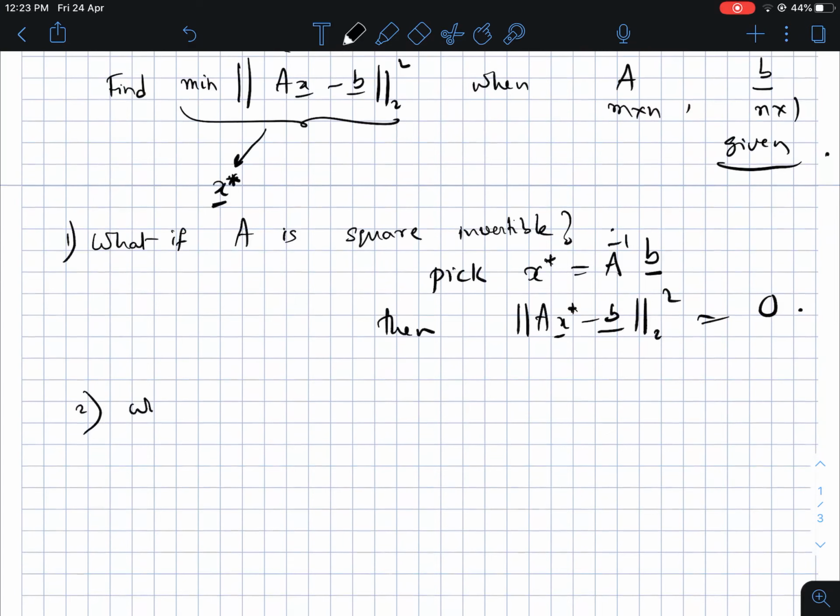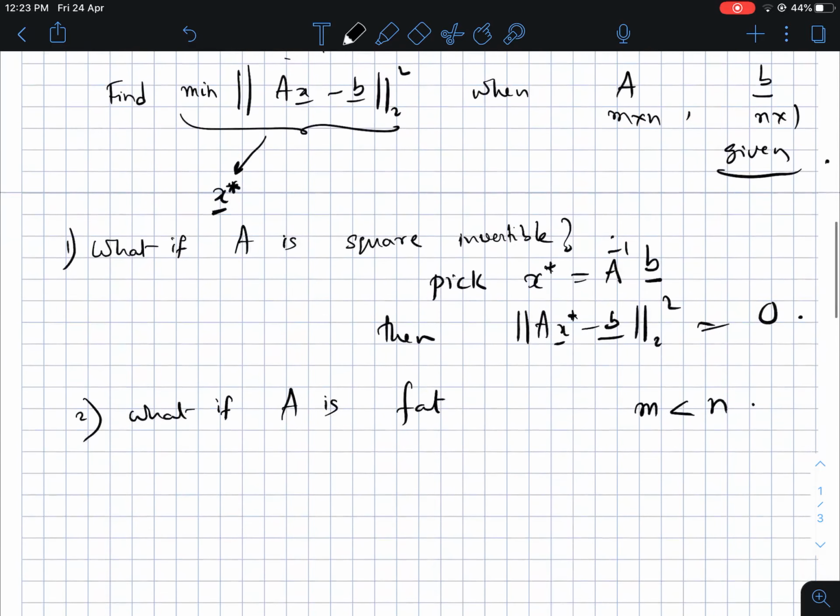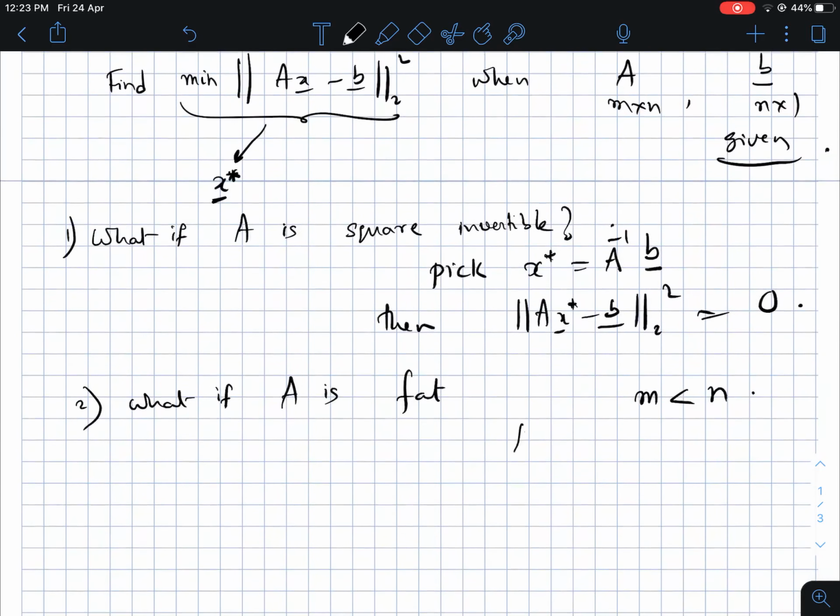What if A is fat? When A is fat, that typically means m is smaller than n, meaning in your A matrix you have very few rows and a lot of columns. Then you can see that this system of equations Ax equal to b is an underdetermined system.